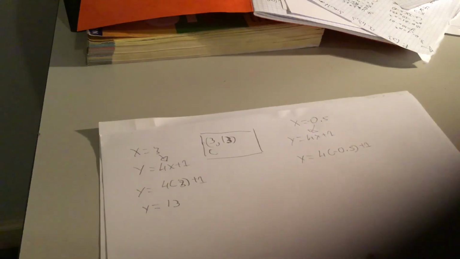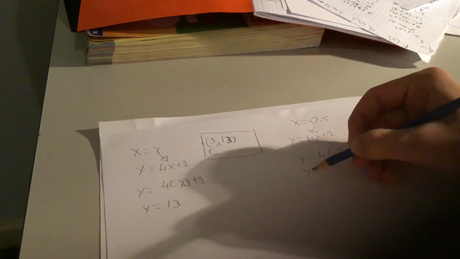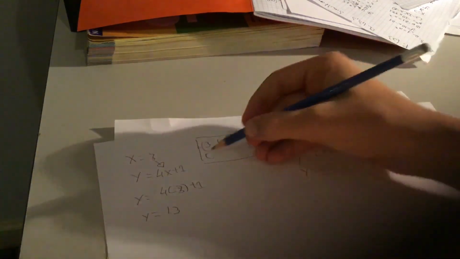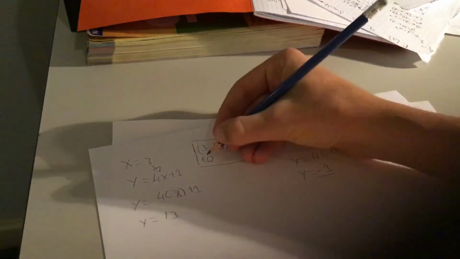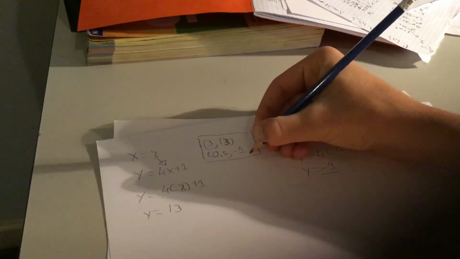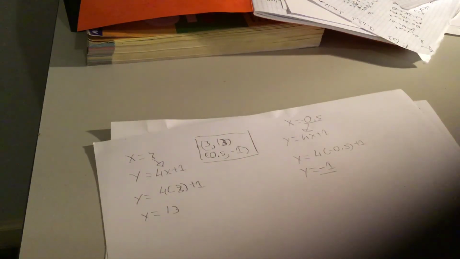You put it in your calculator: 4 times negative 0.5 is negative 2, and then plus 1 is negative 1. So your other answer is negative 0.5 and negative 1. So that's how you do a simultaneous equation using the quadratic formula.